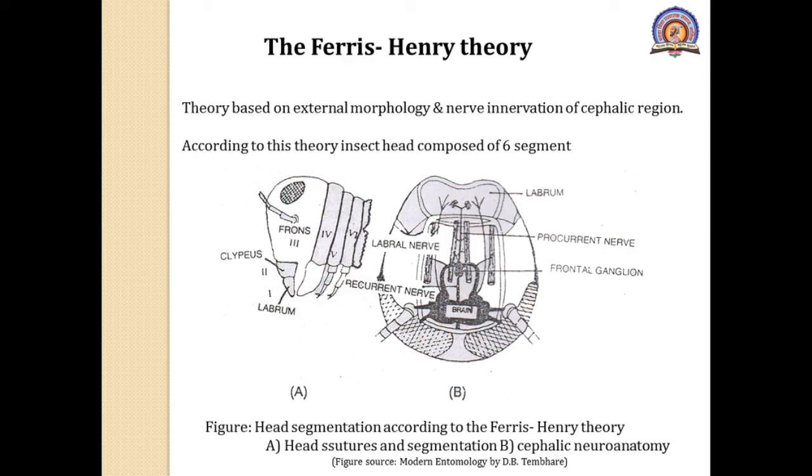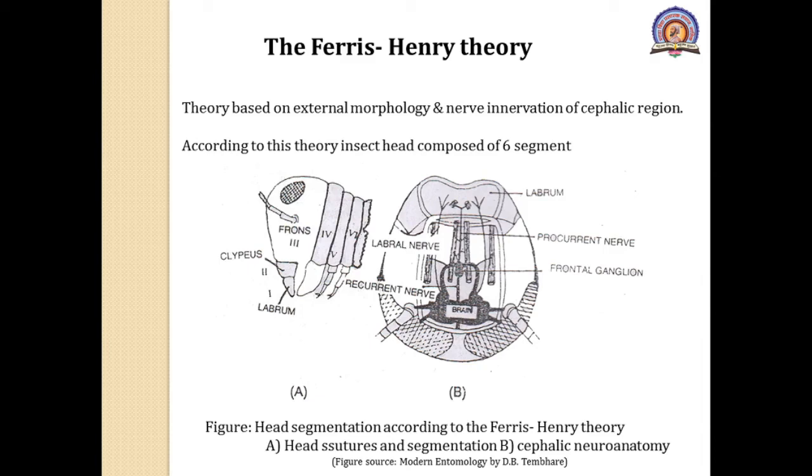A homology made by Henry between the annulus proboscis and the pre-oral part of the insect head is also ruled out, as the nerve innervation is altogether different in insects. Again, the embryonic evidence also does not support this theory. This theory is strongly rejected by most of the prominent entomologists.